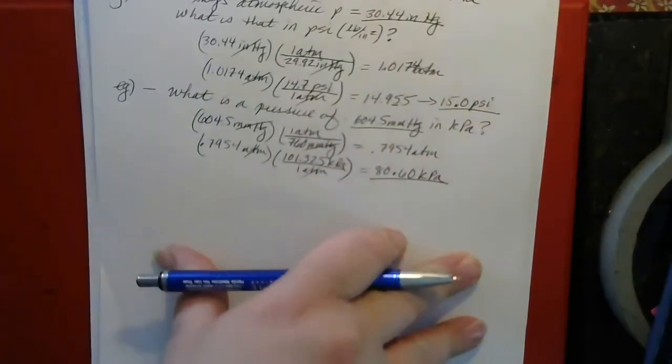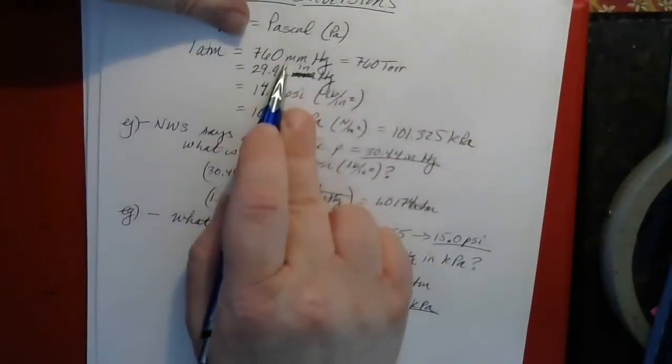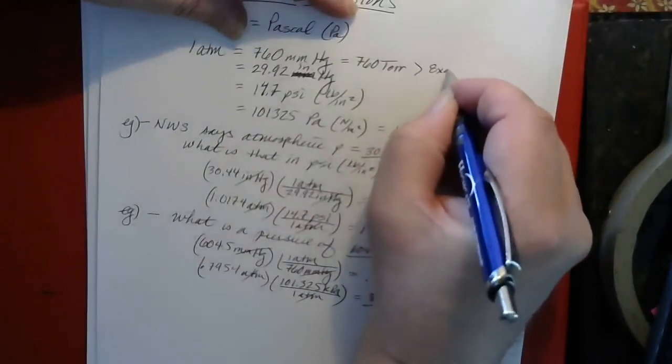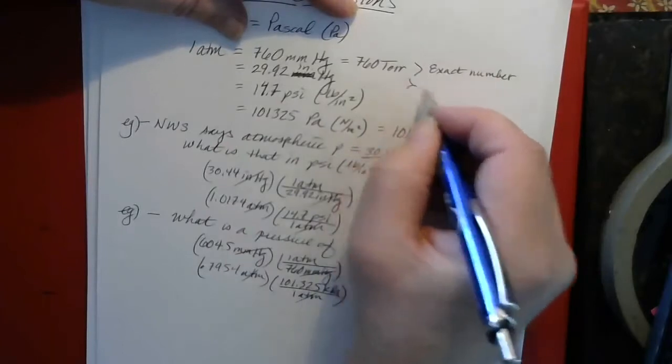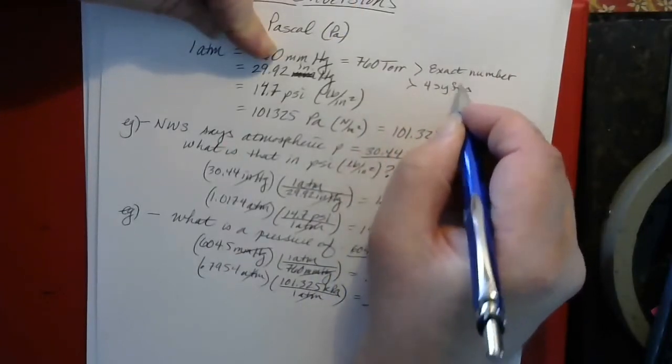So 760 millimeters mercury or torr, that's considered an exact number. But 29.92 is not exact.